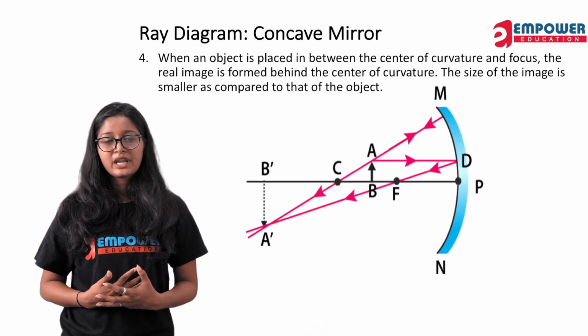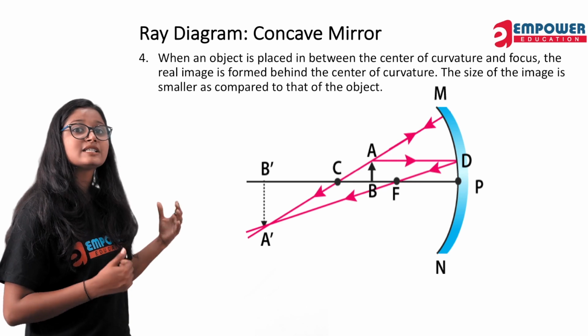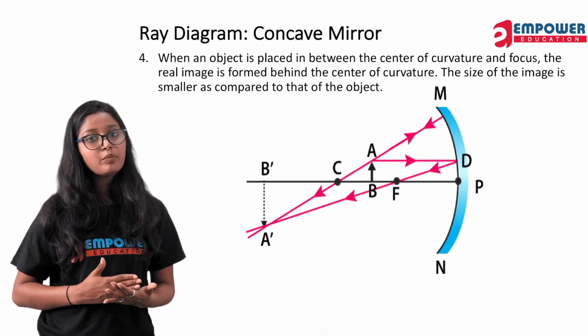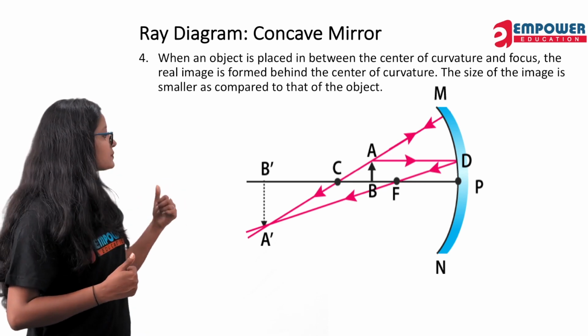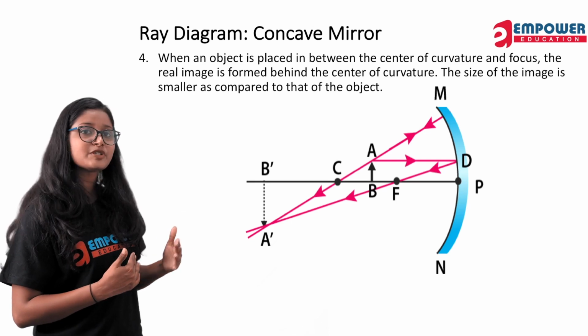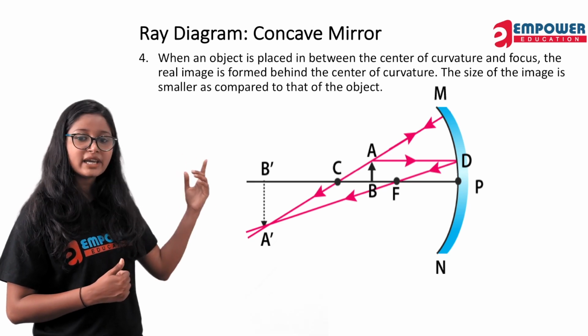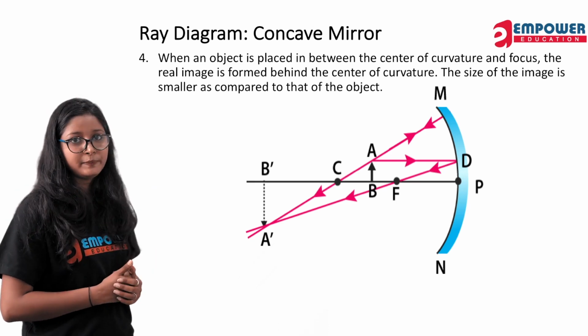Now let's discuss the fourth ray diagram. In the fourth diagram, you can see that an object is placed between the focal point and the center of curvature. The rays parallel to the principal axis strike the reflecting surface and pass through the focal point.